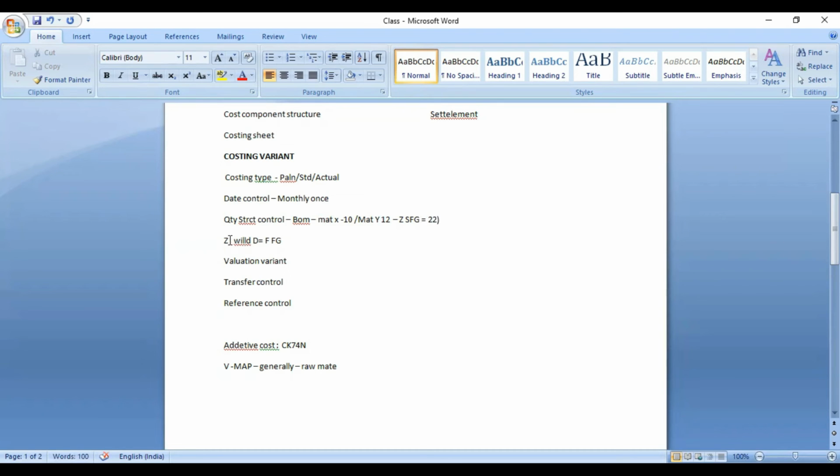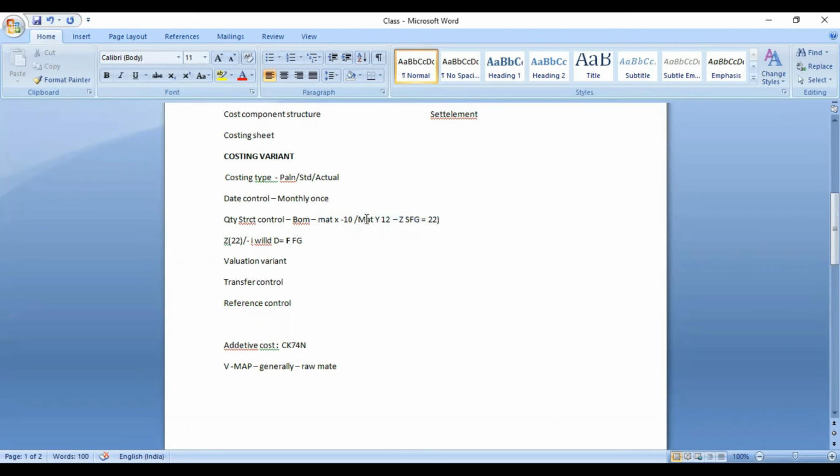Now I want to get this F as a finished good, Z plus D. That means this 22, again, this price control will be S, because this is S of G. This material price needs to roll up to the next higher level material.